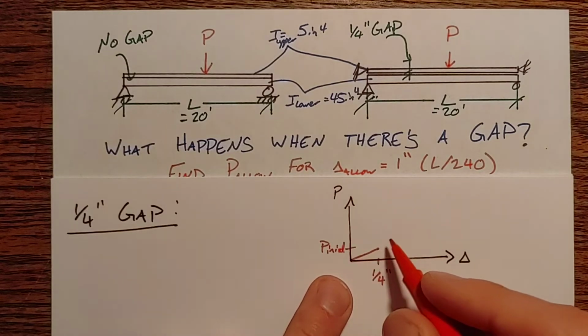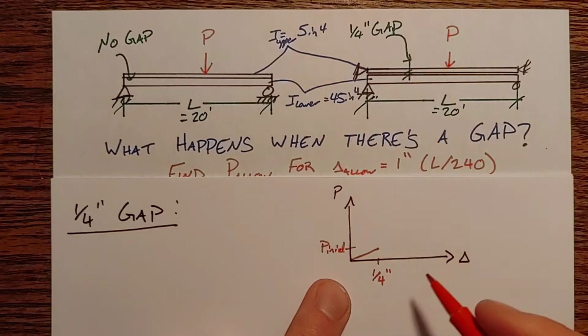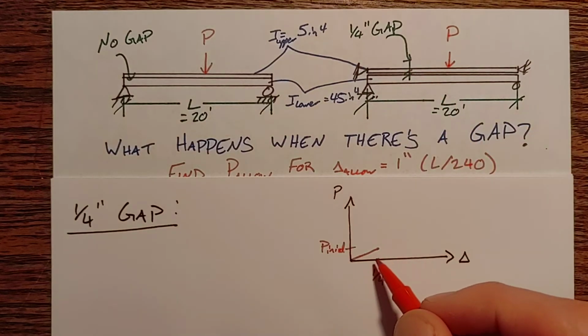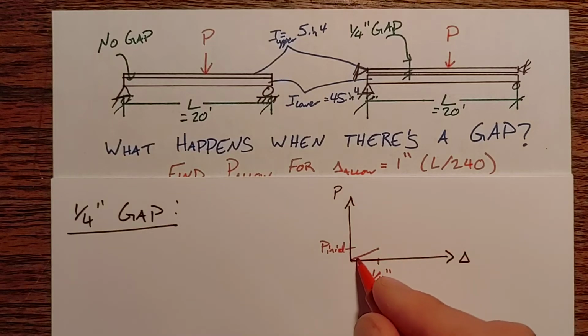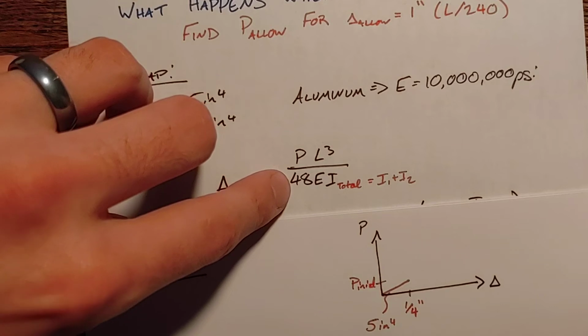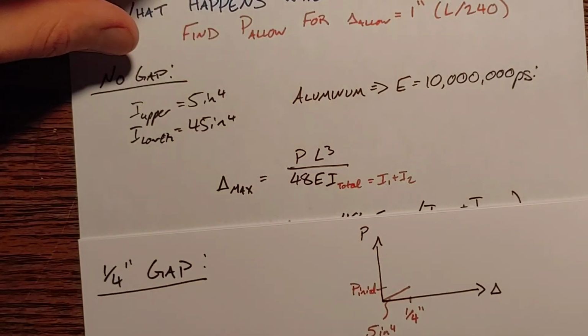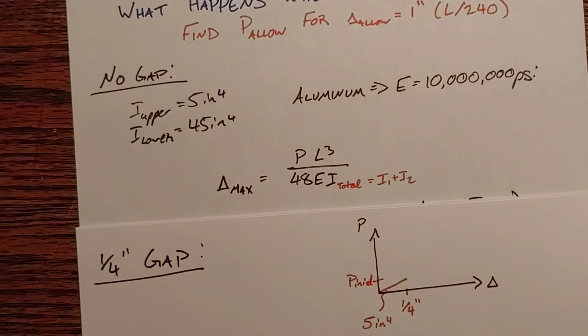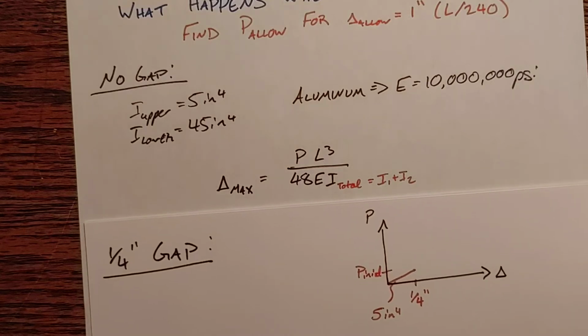So up until we make that 1/4 inch of deflection here, we have the stiffness of just the small upper beam. And remember, that only has 5 inches to the 4th going on there. Our actual slope is going to be dependent on more things than that. It's going to be the full stiffness. If we took this and solved out, I think it's 48 EI over L cubed would be our full stiffness, but the 48, the E, and the L cubed are all remaining the same.